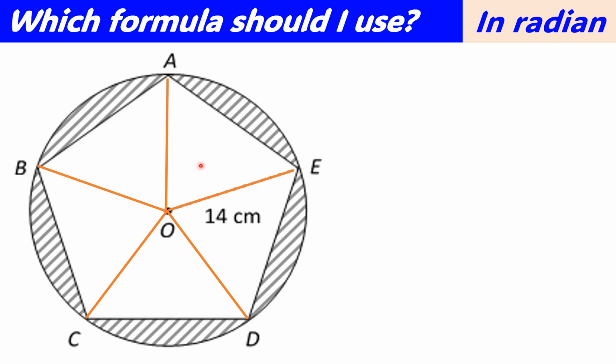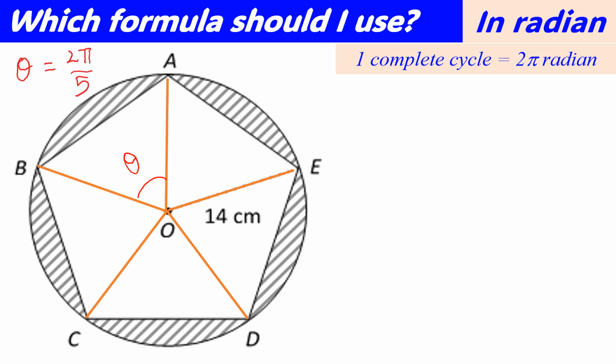With these 5 equal parts, we know that one complete cycle is equal to 2 pi radian. What I am keen to find out here is what one angle is. Let's call this theta. To find this theta, because one cycle is 2 pi, to work out one angle it is simply 2 pi over 5.